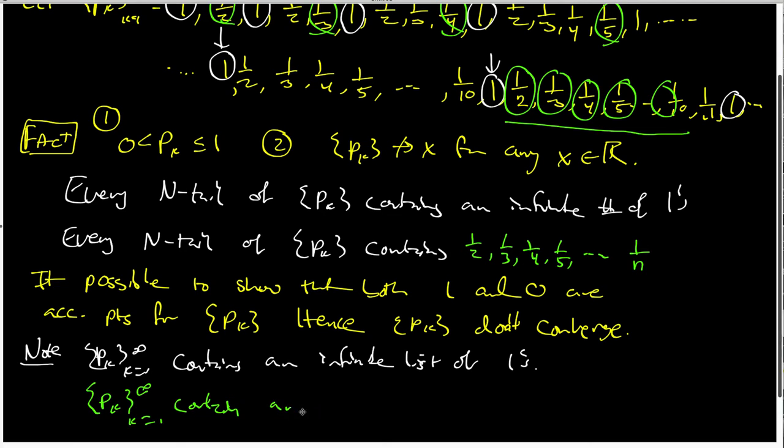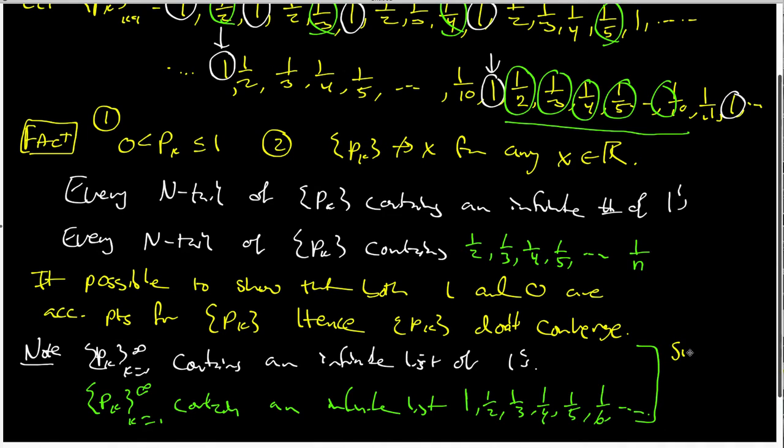This also contains an infinite list that looks like 1, 1/2, 1/3, 1/4, 1/5, 1/6, and so on. And these two things are collectively called examples of subsequences.